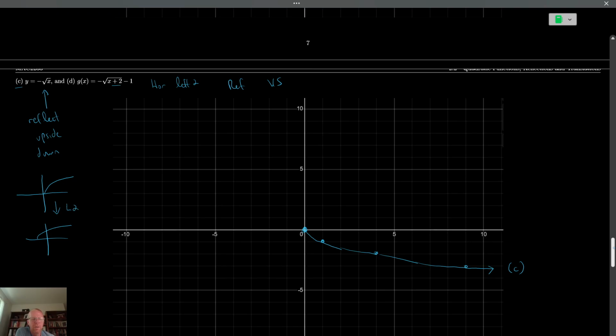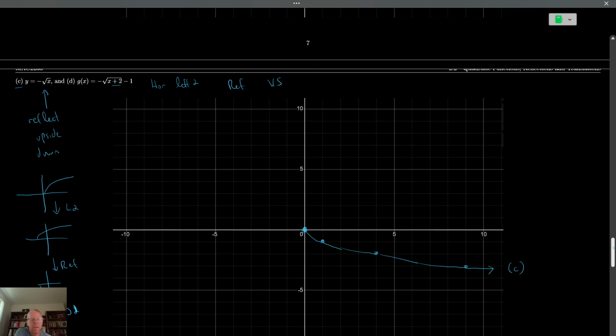So left 2, then reflect. Now reflect this one, so it's going to come down like that. Now shift it down 1. So now just move this down 1, and start right there.